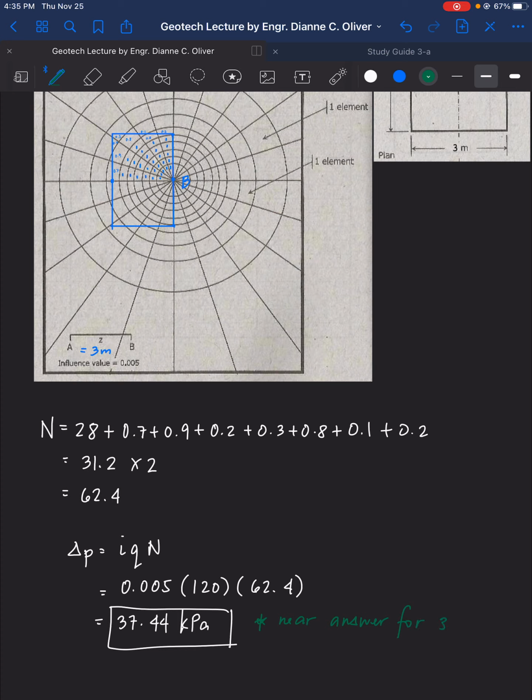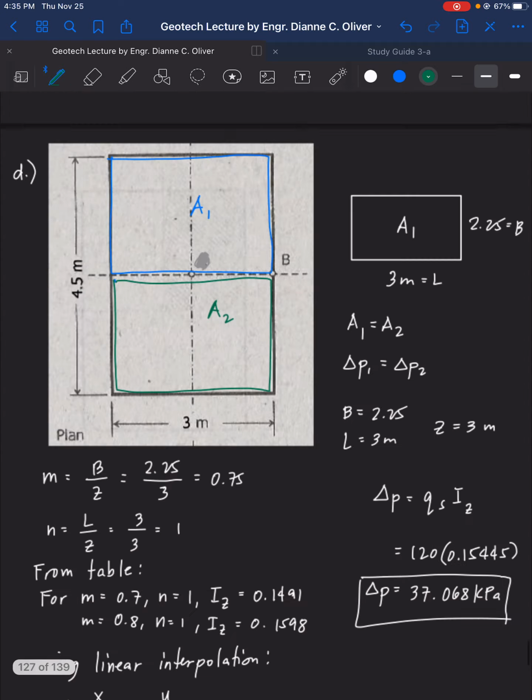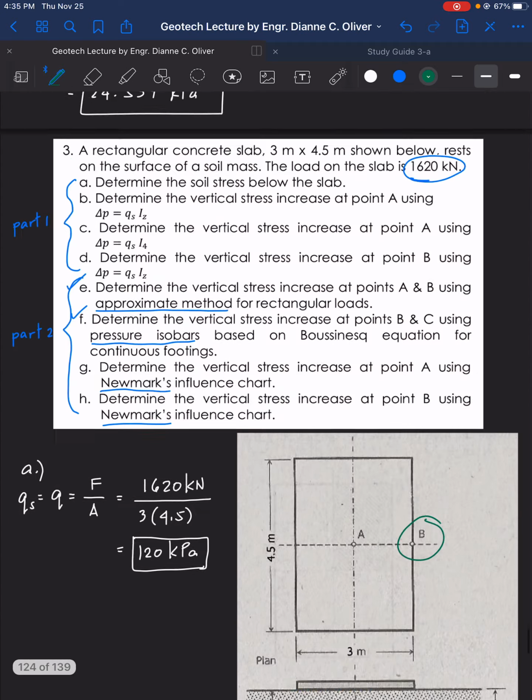So what problem are we in? We are looking for the vertical stress increase on point B using 3-A. Let's see the problem here.